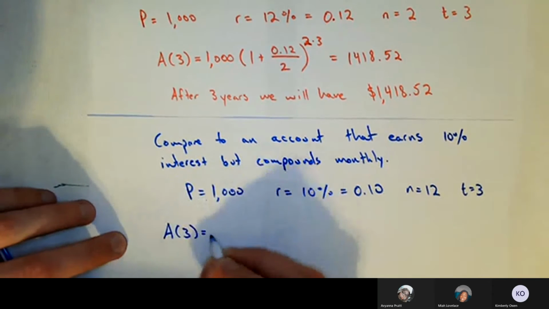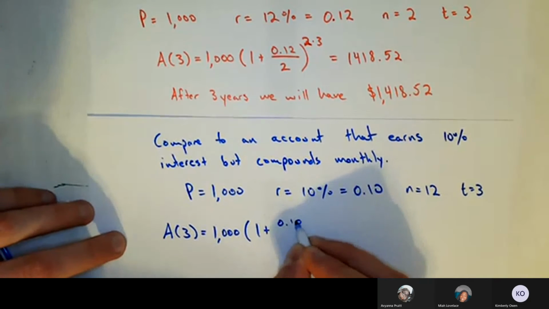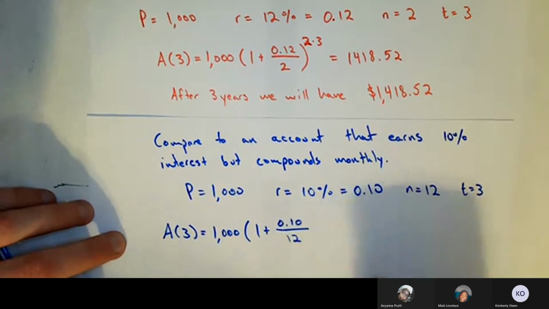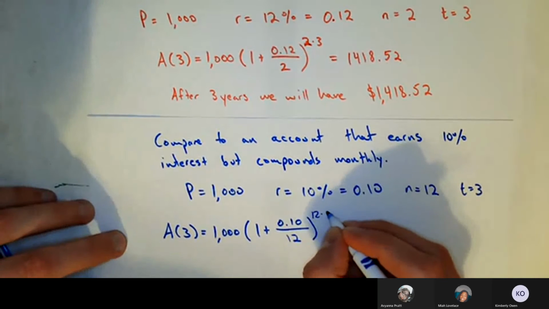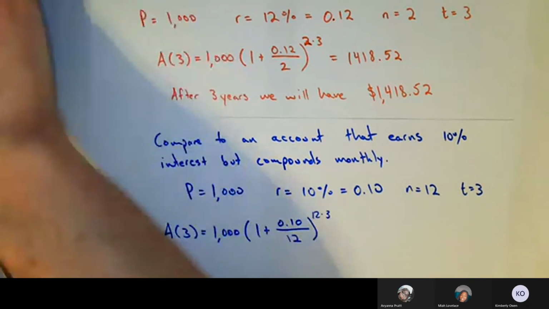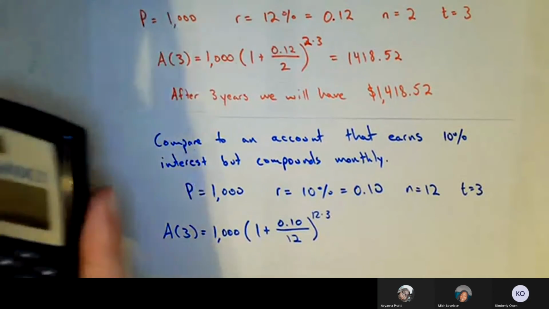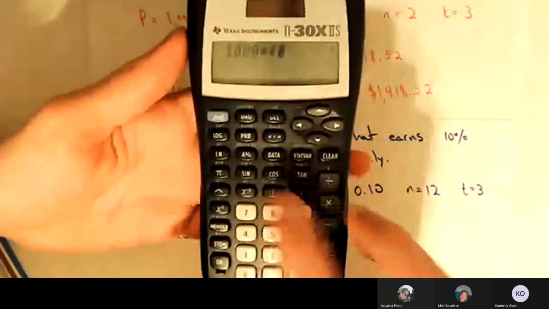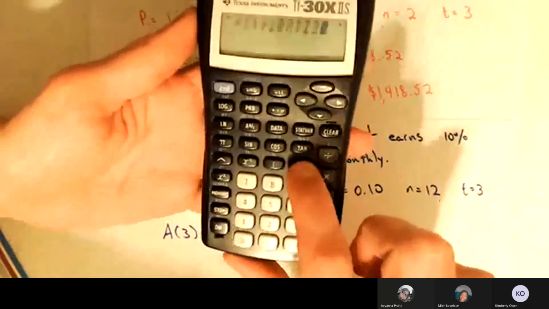A of 3 then is going to be 1,000 times 1 plus 0.10, that's R, over N, which is 12, raised to the 12, that's N, right, times 3, NT, 12 times 3. So I'll say 1,000 times 1 plus 0.10 divided by 12.